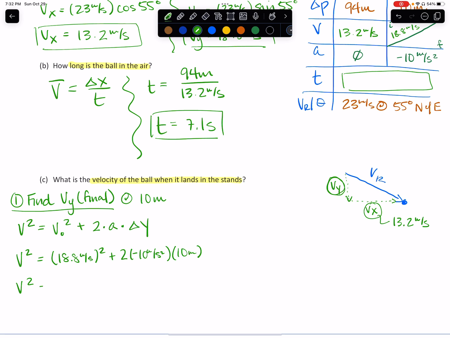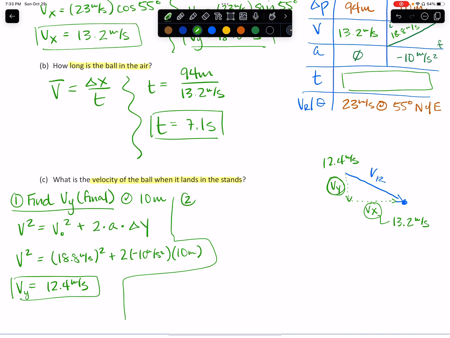So we plug all that in, and the square root gives us a final velocity value of 12.4 meters per second. So there is our v vertical final. I have my v horizontal final. So now I'm going to calculate the resultant value.